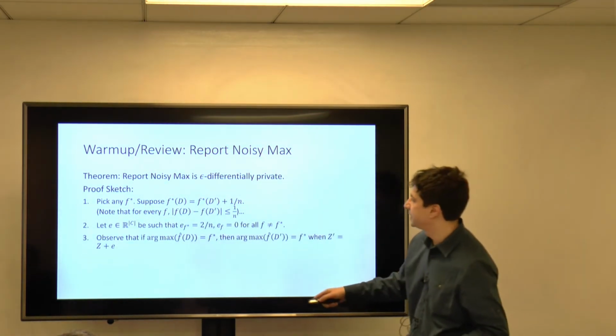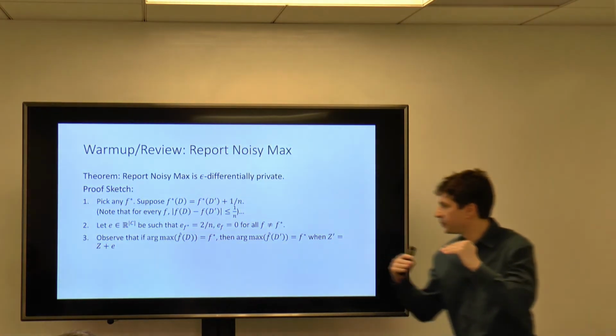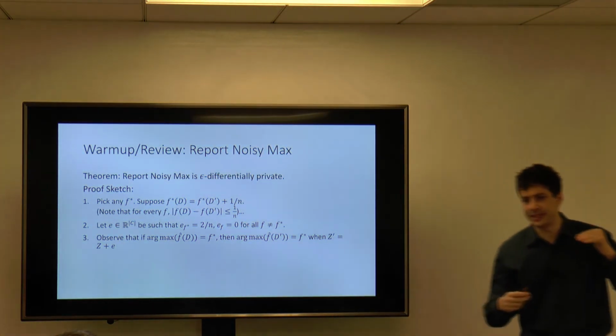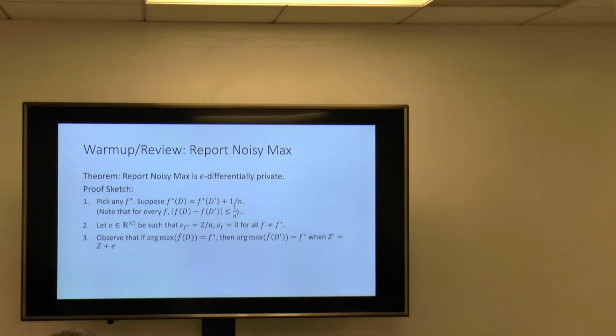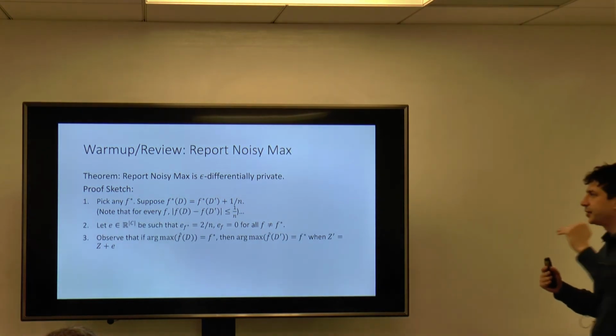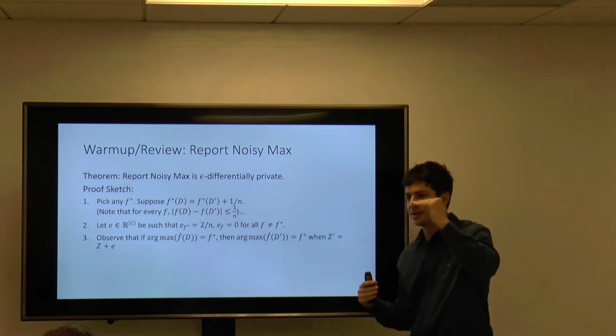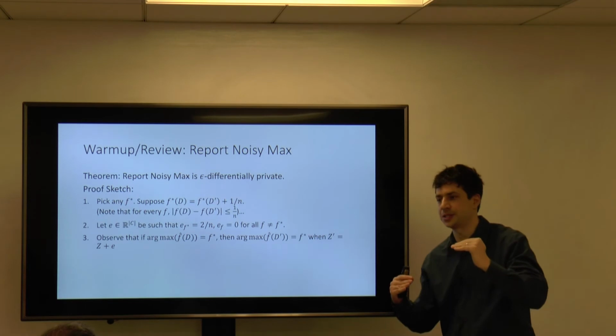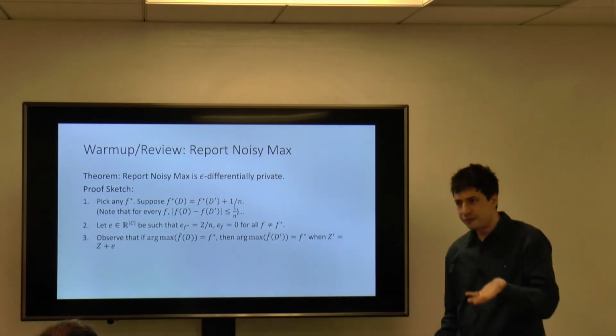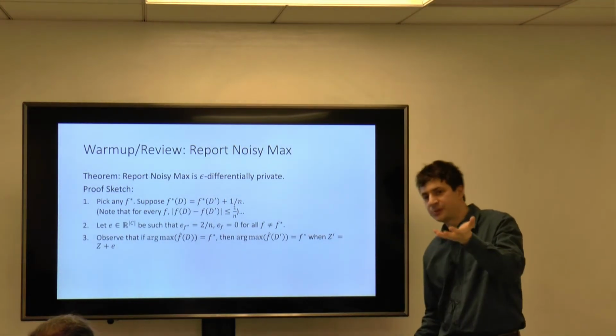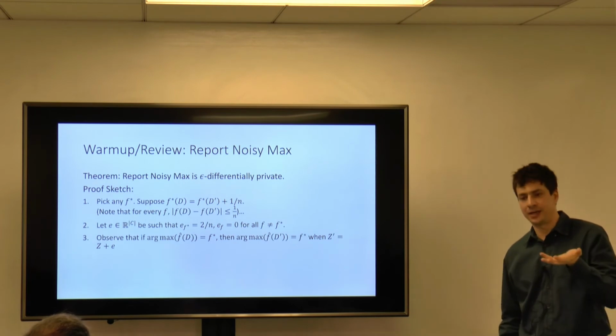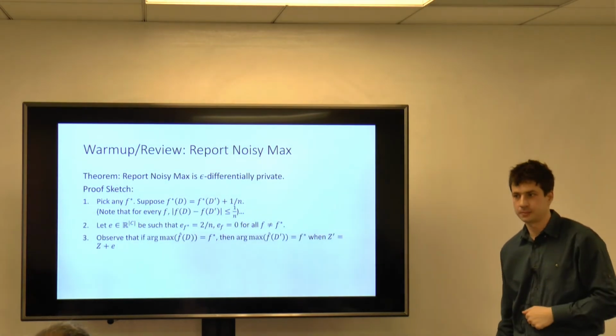And that's just because, at noise level z, f star was the argmax. When we moved to d prime, in the worst case, the value of f star went down by 1 over n. The value of everything else went up by 1 over n. But if we therefore bumped up the noise we added to f star by just 2 over n, it would continue to be the argmax.